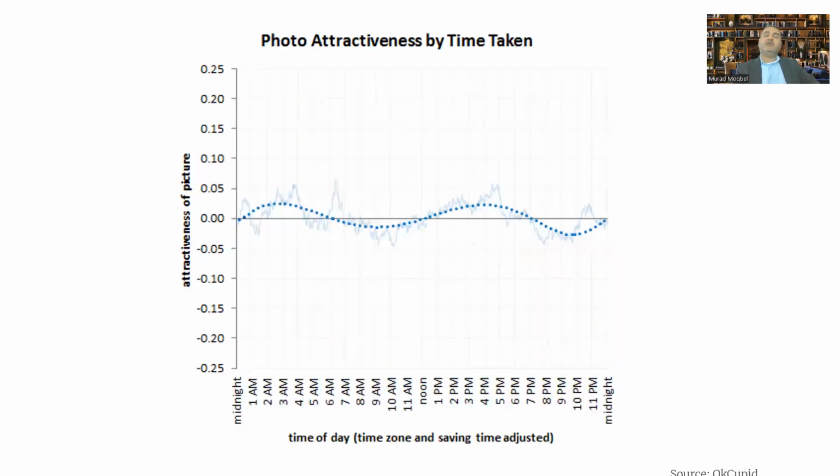So they also collected data from the metadata of the pictures, when and what time exactly that picture was taken. So now you can see there are certain peaks.